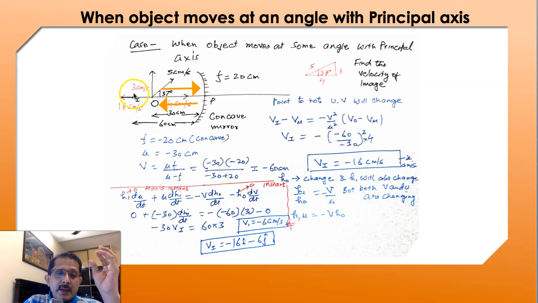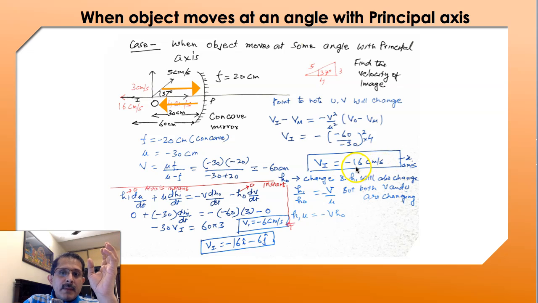Okay, so let me take a step back. If the object is moving in this direction and we put a concave mirror here, then after breaking the speed into horizontal and vertical, the vertical component of the image we will derive later, but the horizontal component of the image would be minus 16 centimeter per second.